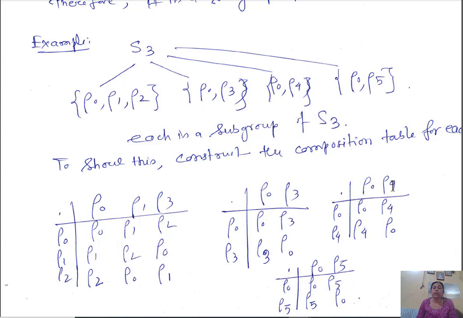So showing closure is necessary and sufficient for this subset to be a subgroup. Similarly, you can show this with the composition table. All are finite subsets, so the composition table is fine to establish that this is a subgroup of this.